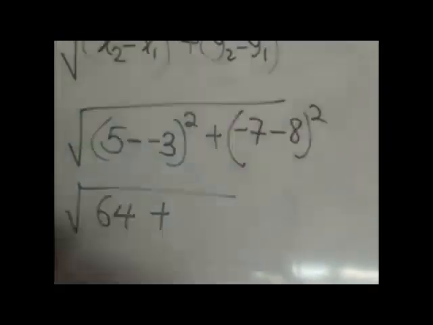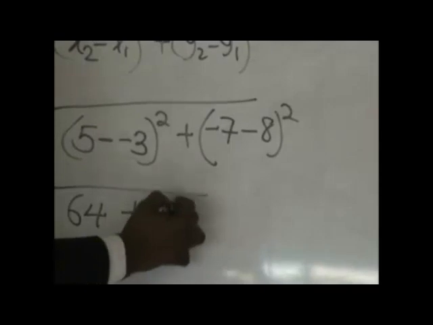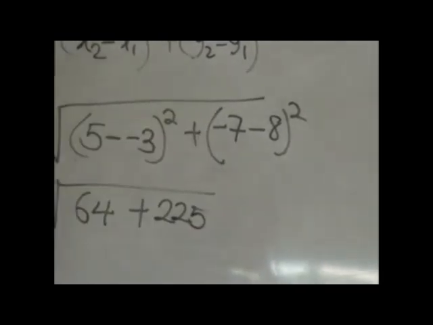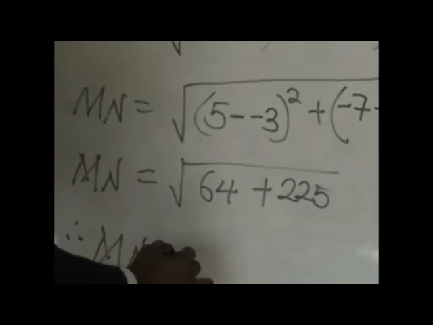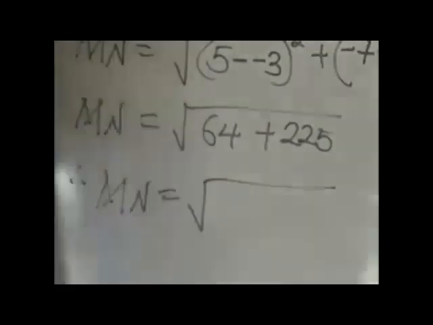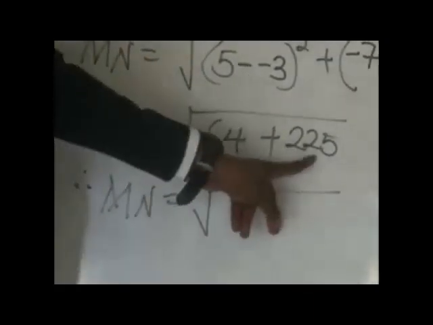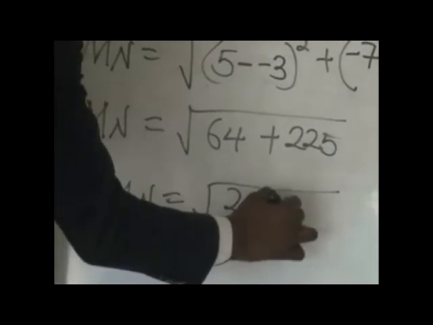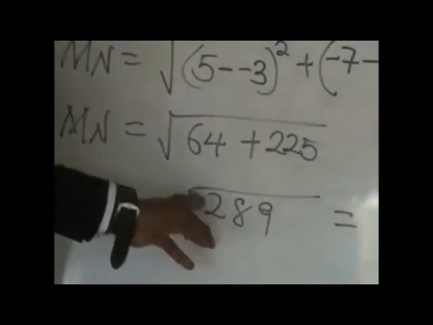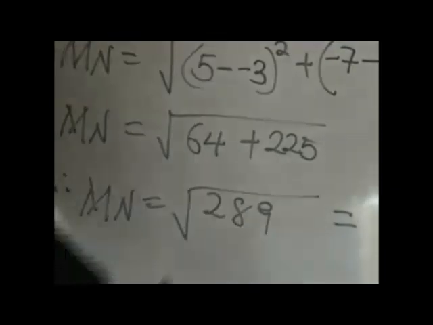Minus 15 squared will give you 225. Are you getting it? Therefore, line MN becomes the square root of 64 plus 225. 64 plus 225 will give you 289. And the square root, when you press the calculator, the square root of 289 is 17.